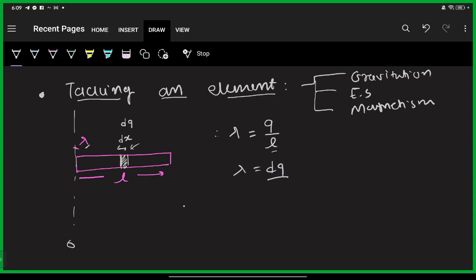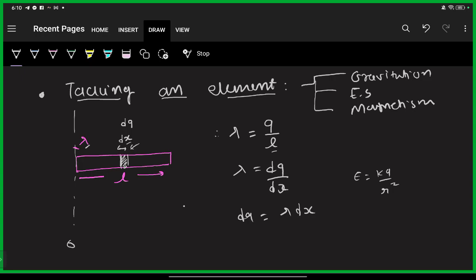And what is its length? It is dx. So dq will be lambda dx. Once you get the charge, things will get easier, because we know that electric field is given by kq upon r square. A lot of things depend on the charge directly, right? I'm not discussing the whole problems, I'm just giving you an idea how to take an element and how to proceed.